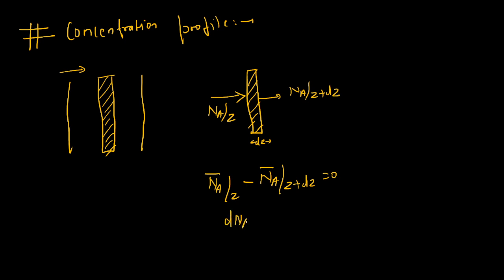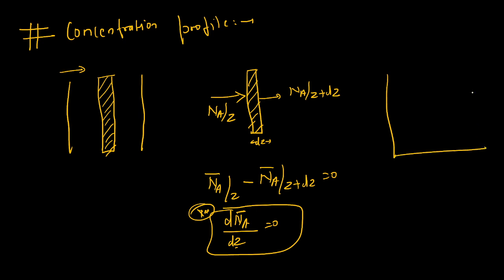So can I write dNA by dZ is equal to 0? What does this particular thing signify? It means the variation of Na bar with respect to Z is 0.